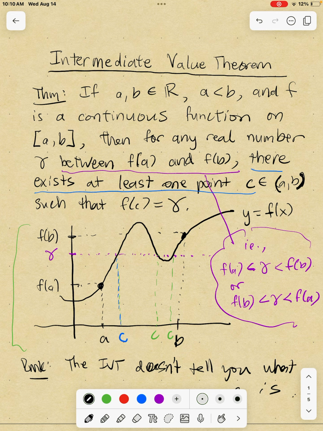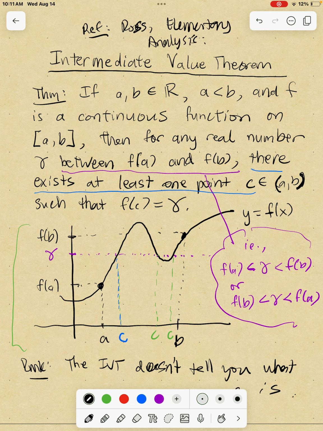And a reference for this: the intermediate value theorem is basically stated in any calculus textbook. But if you want to see a proof, there's this book by Kenneth Ross, Elementary Analysis: The Theory of Calculus, for a proof of the intermediate value theorem.